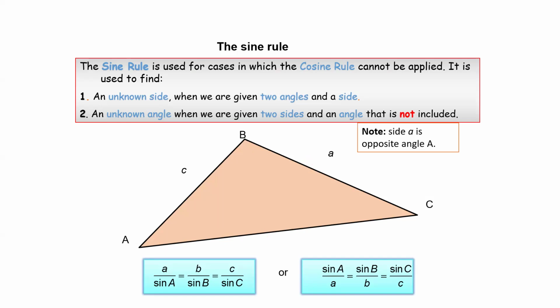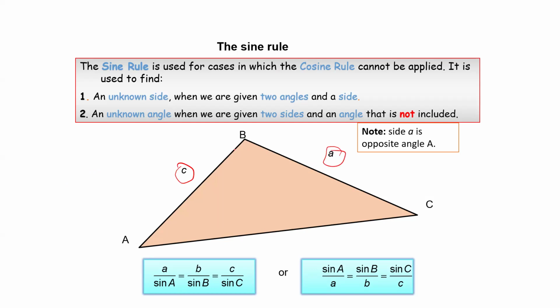Also, you can use it to find an unknown angle when you have two sides and an angle that is not included. For instance, they gave us this side and that side.